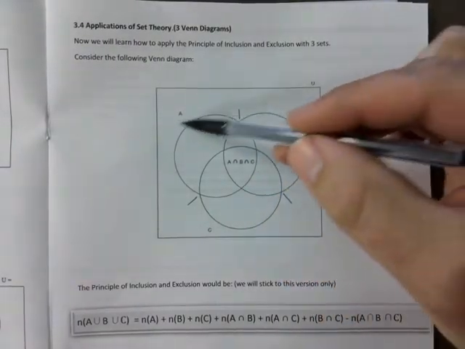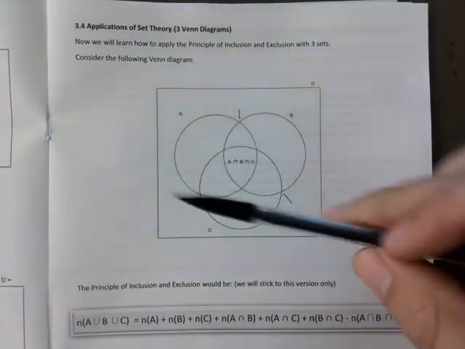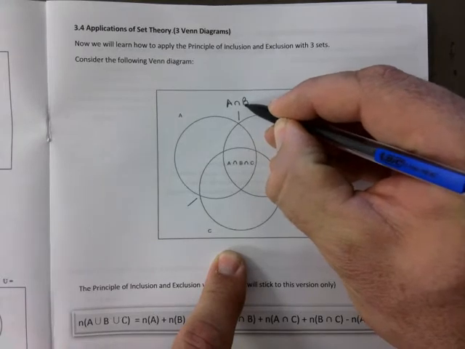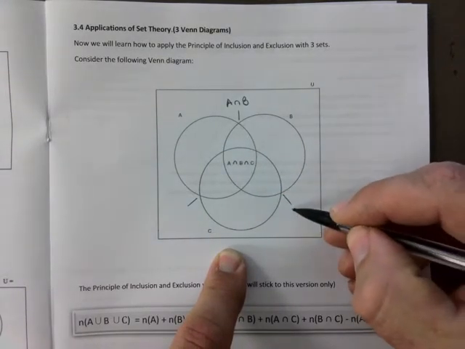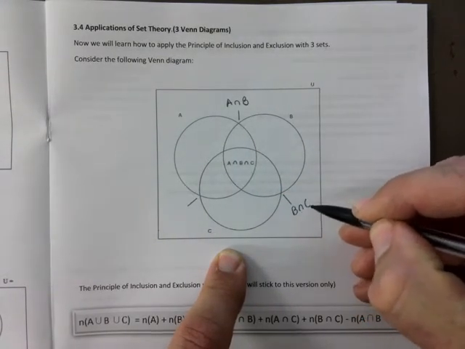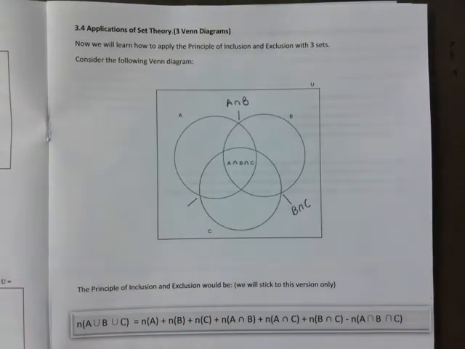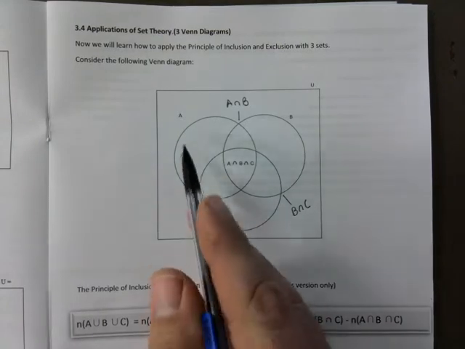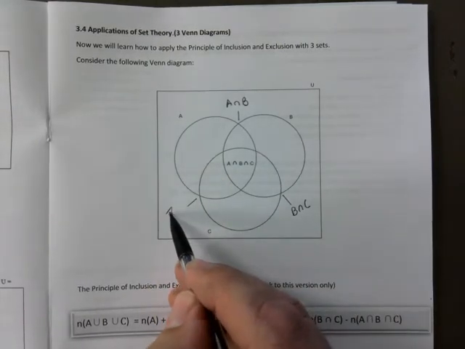Remember, yes, there are 3 sets, but at times we'll just focus on 2 sets. So this is the intersection of A and B. This is the intersection of B and C. Order doesn't matter. You could say C and B or B and C. And this is the intersection between A and C.